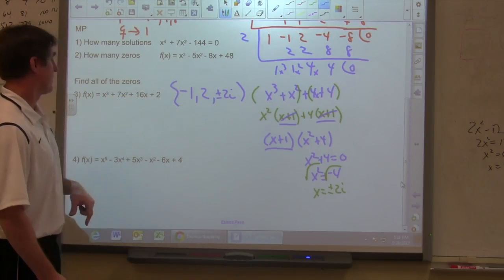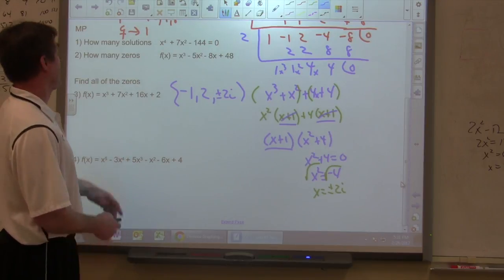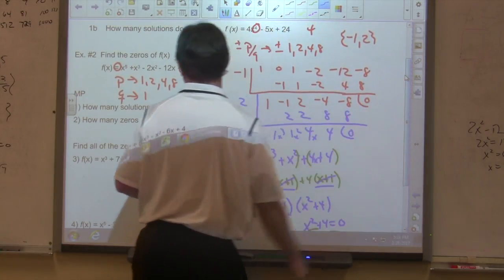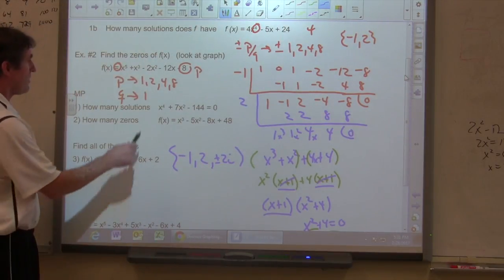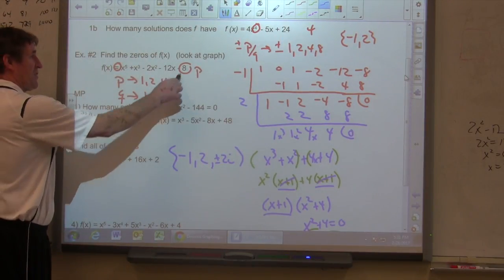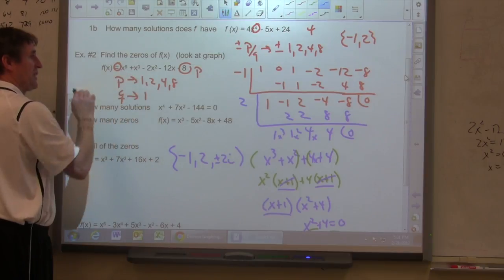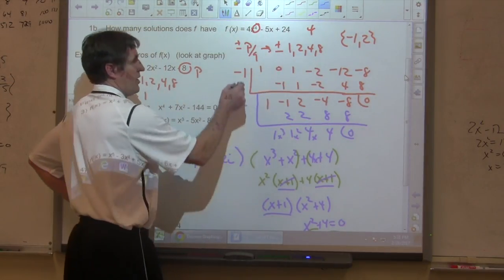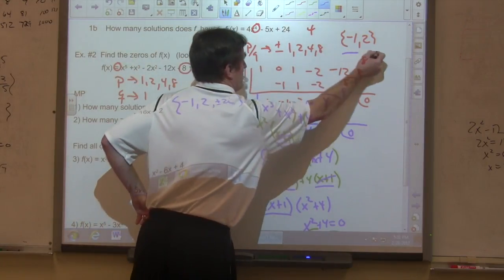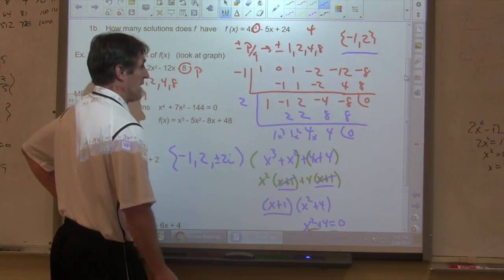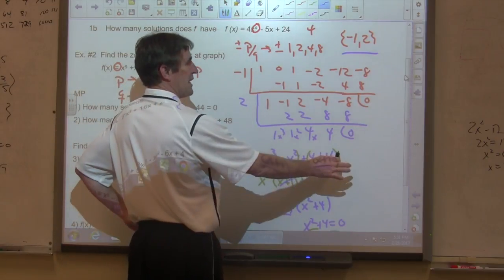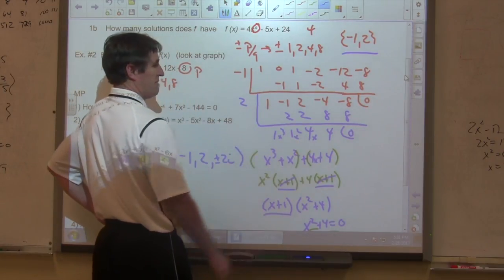All right? So the process, if we go back to this, is to take our values of the constant and our values of the leading coefficient, put our plus or minus p over q, graph it to find our zeros that we can get from the graph, do synthetic division, and in this case, we want to go until we get down to 3, but we didn't have that.